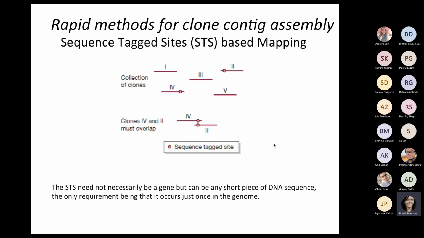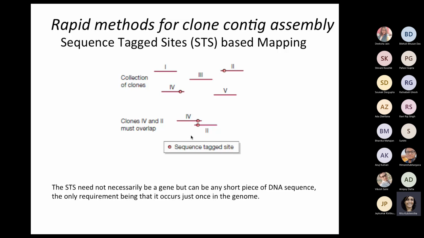So this is another method, and again it is rapid as compared to chromosome walking. The third method is STS-based mapping, which relies on sequence tagged sites, which refers to those genes or sequences which are present only once in the whole genome.